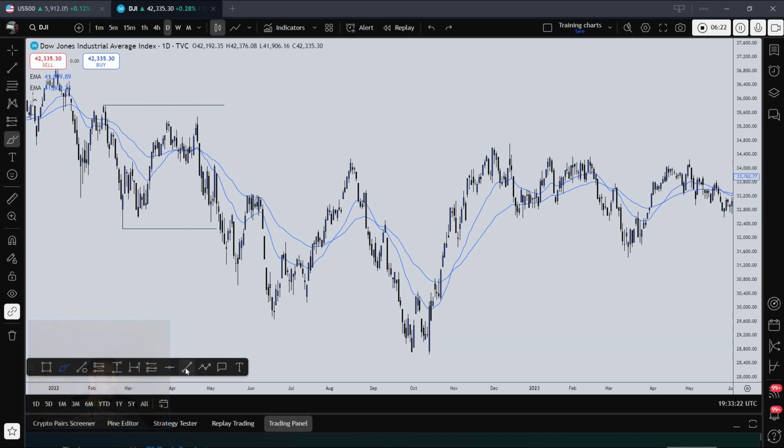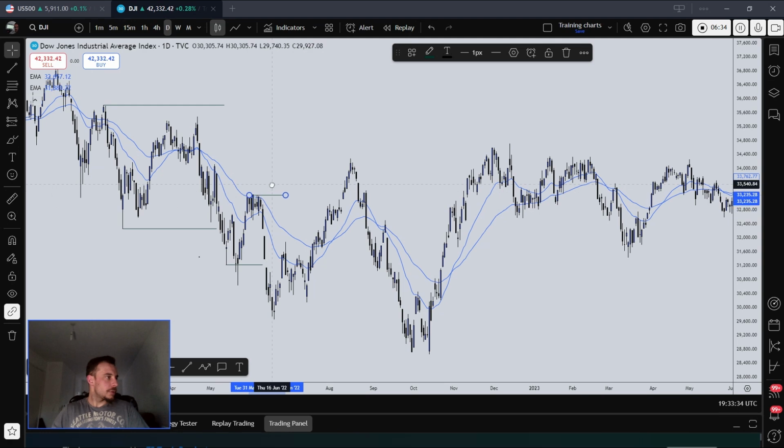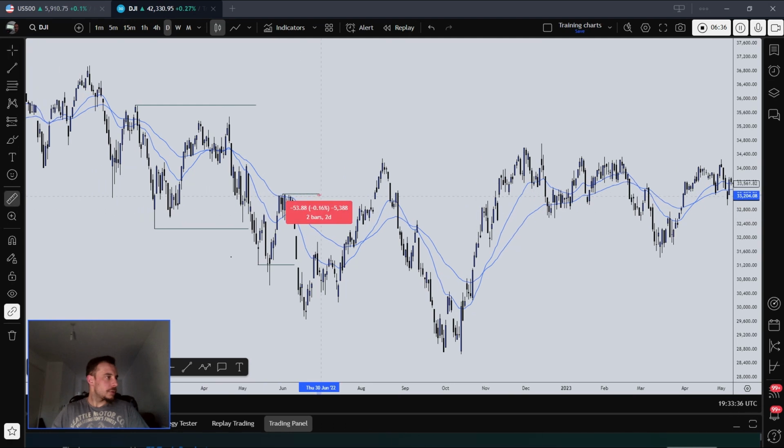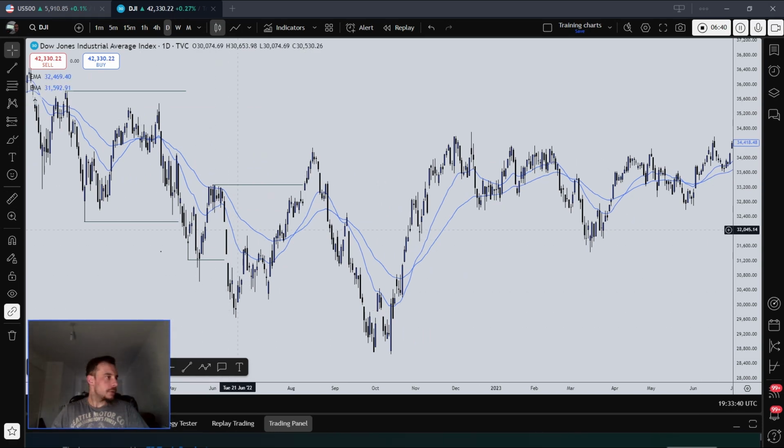So if we continue with the market structure, we go here, and the market forms another lower low over here.